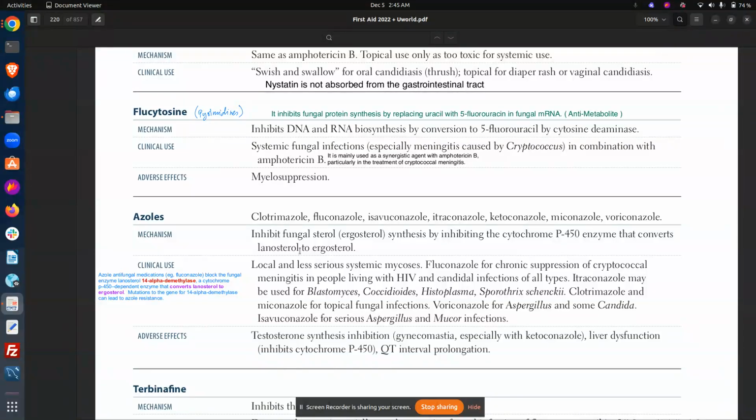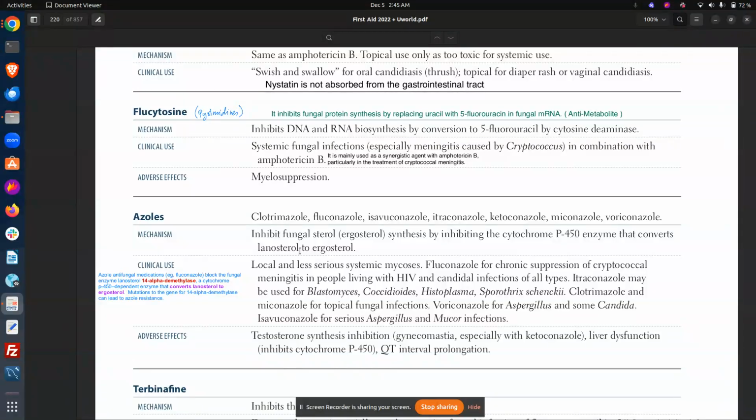All azoles can cause gynecomastia, but always remember ketoconazole. If in the question stem they talk about antifungal drugs and they ask which azole causes gynecomastia, remember ketoconazole. All can cause it, but always remember ketoconazole. If they give you all azoles in the option choice, pick ketoconazole.